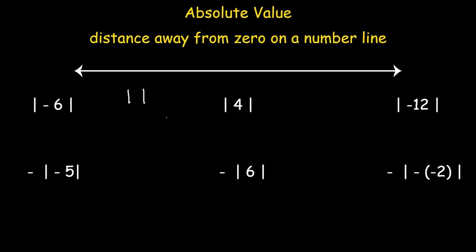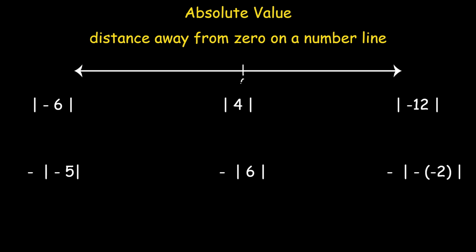Using a number line, we can find the absolute value of the examples on the screen. Let's practice finding the absolute value of these examples. First, we need to label our number line.